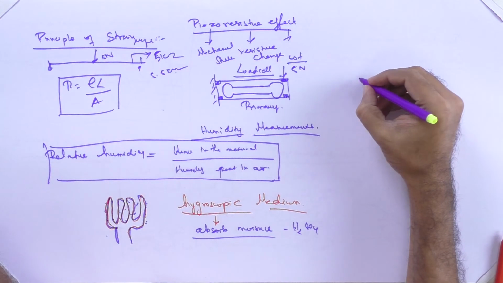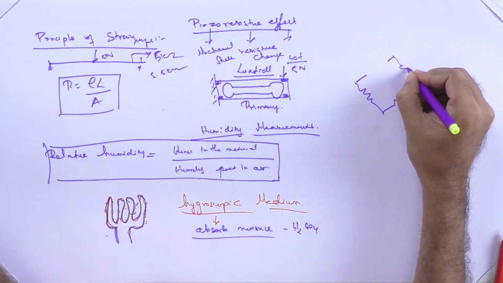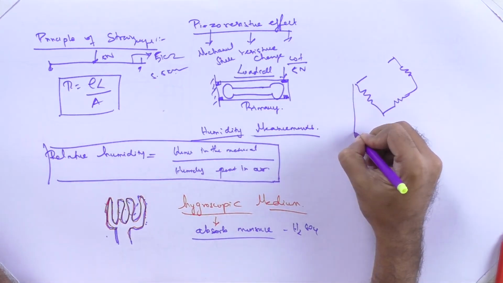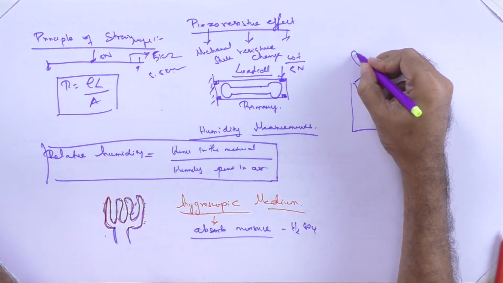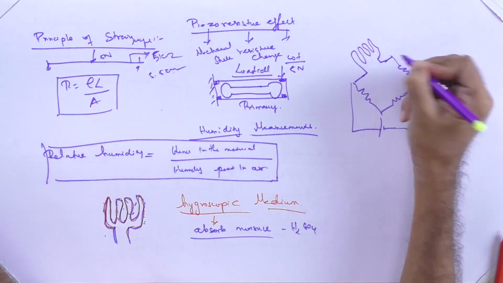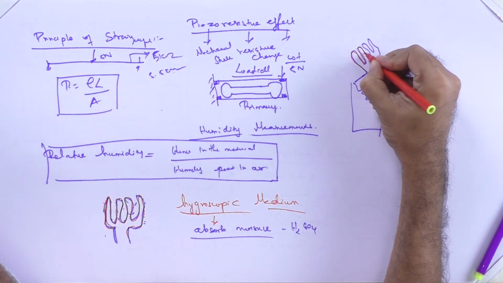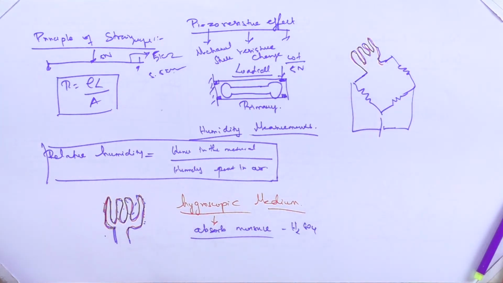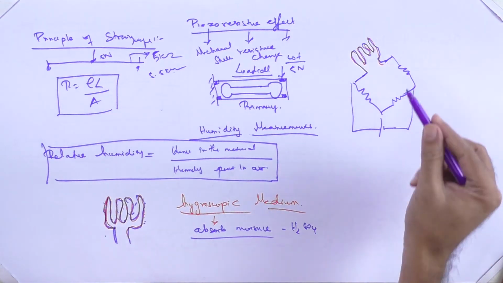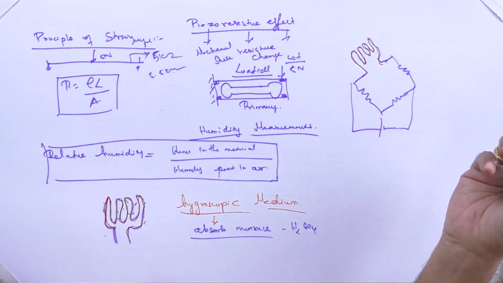Something like this it is. Again, you have to put up a Wheatstone's bridge. Wherever you go, you can't leave it in the resistive type. And here you have this wire which is coated with, again, a hygroscopic medium, and this hygroscopic medium will produce a change of resistance.